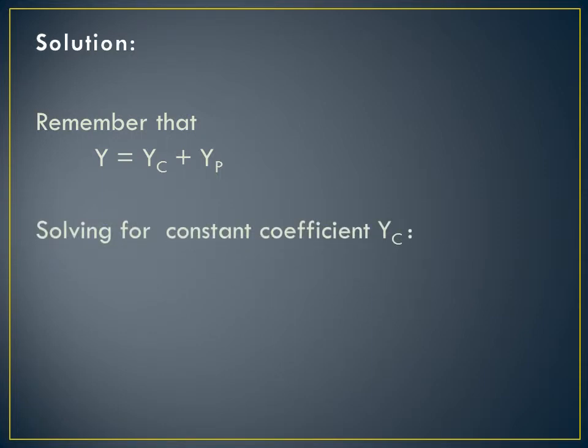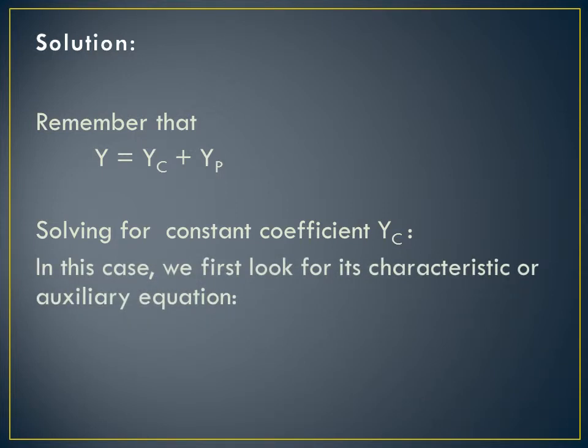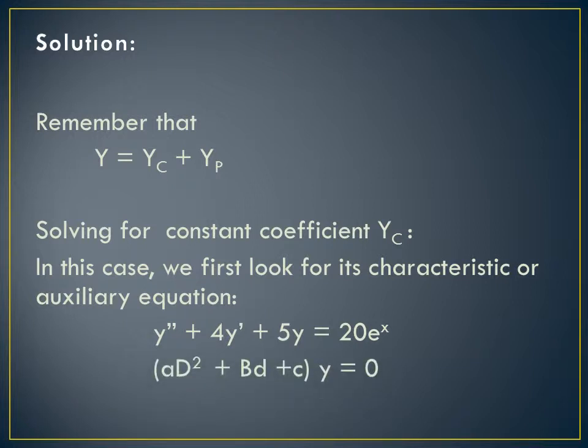Solving for the constant coefficient yc, we first look for its characteristic or auxiliary equation. Given the equation y'' + 4y' + 5y = 20e^x, the homogeneous equation would become (aD^2 + bD + c)y = 0.